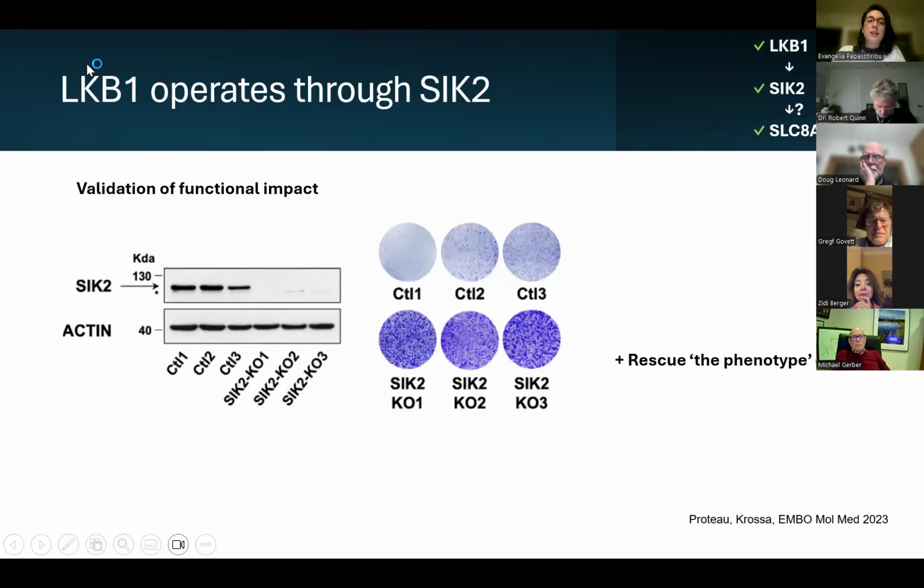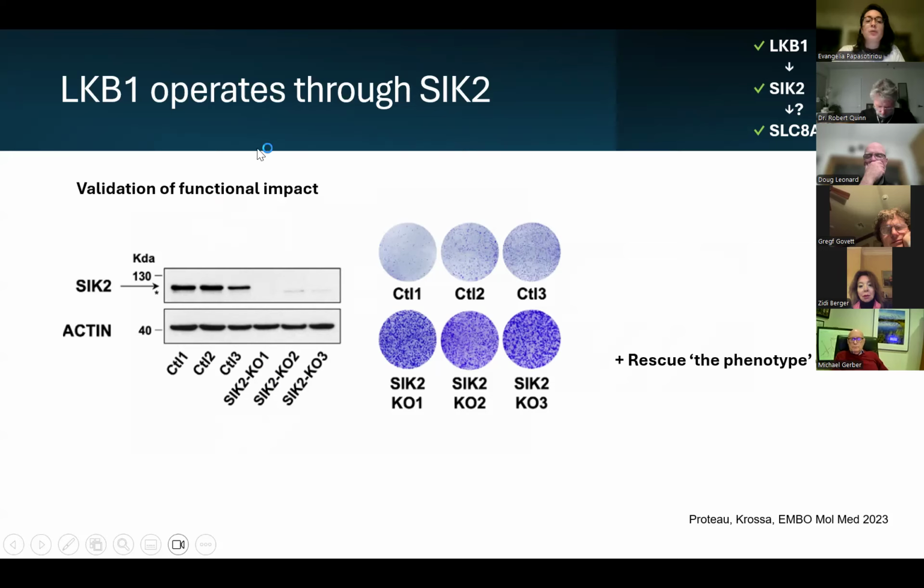On another level of discussion, LKB1, according to the scientific literature, has many downstream targets that have been well studied. However, in this CRISPR-Cas9 screening, they have seen only SIK2, which is among the downstream targets, to go in the same direction as LKB1. So they thought it would be a good strategy to focus on SIK2.